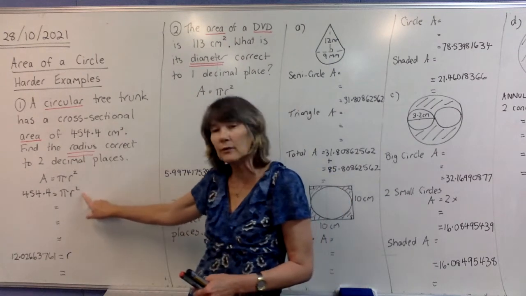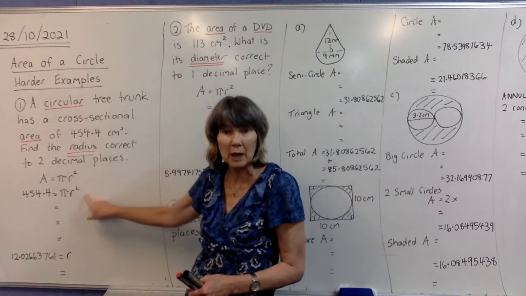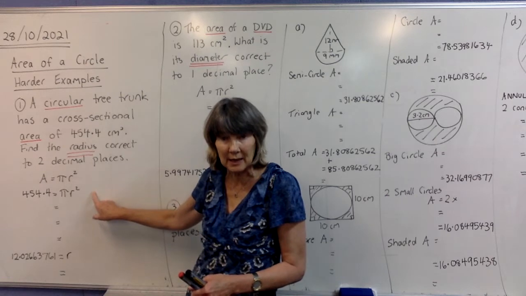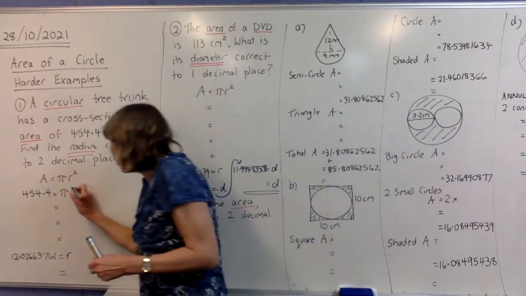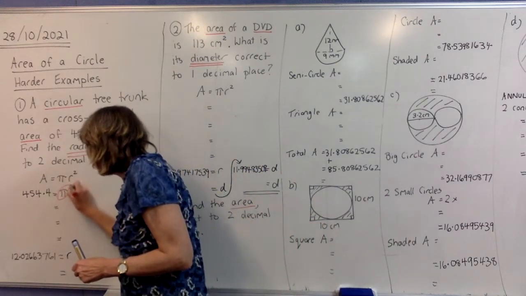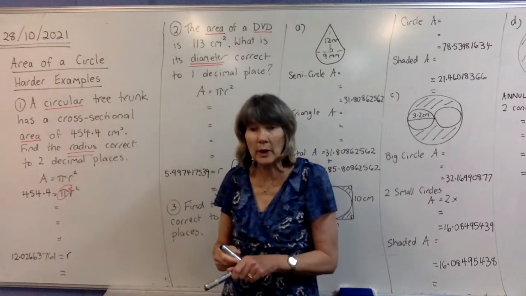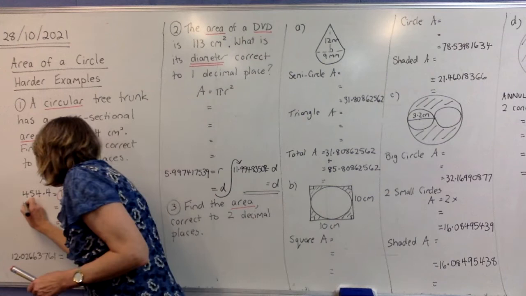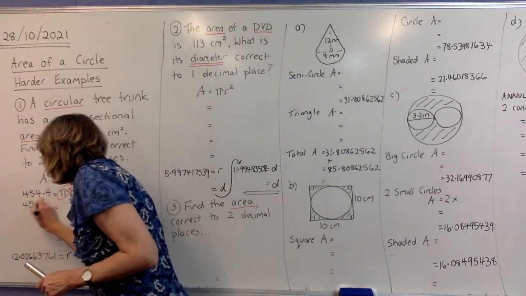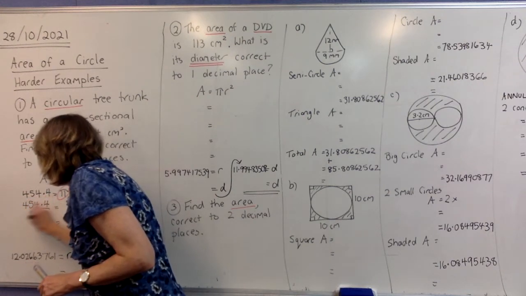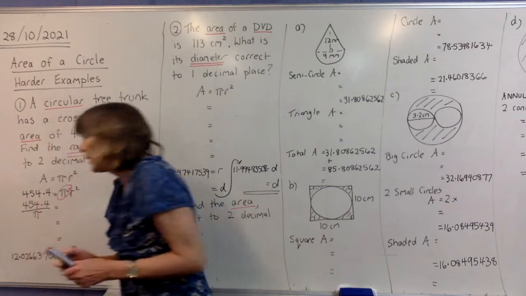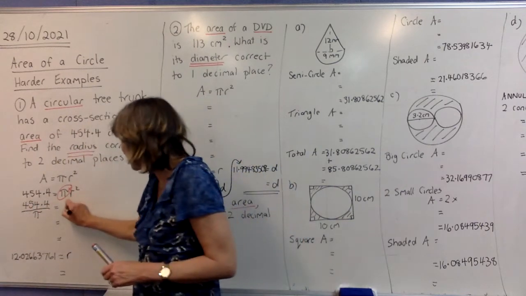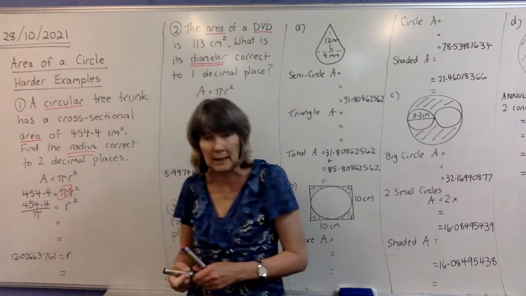So we're going to leave the squared with the r, that's like its best friend, it's staying together. And we're going to get rid of the times pi. So we're going to the other side and we're going to do the opposite of times, which is divide by pi. And it will look like this. Okay, and then over here on the right hand side we still have r squared sitting there.